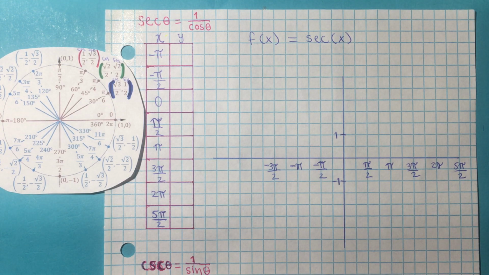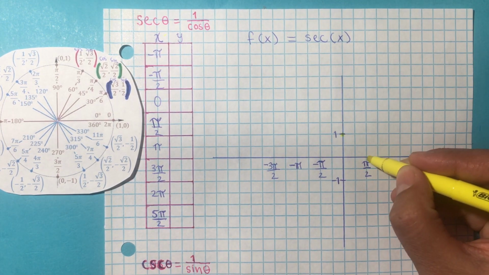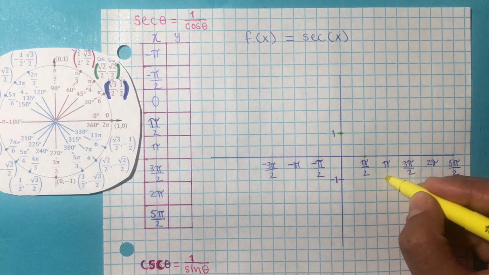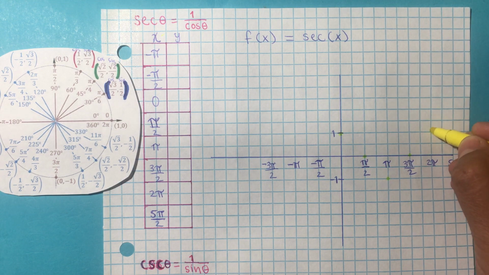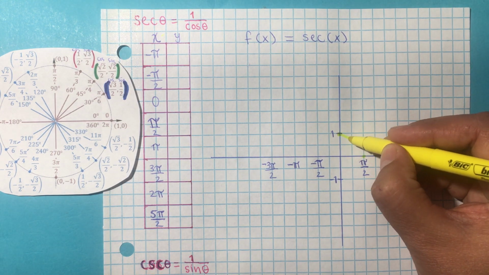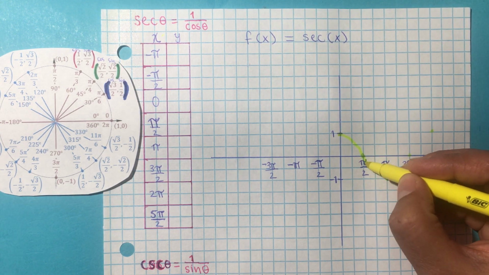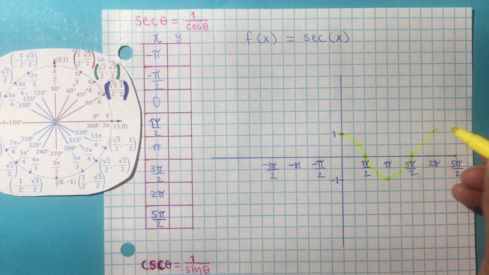Okay, so if you recall, for the cosine, it starts at 1 and then it goes to 0, then -1, 0, then +1, 0, and so on. So our cosine curve would be something like this.